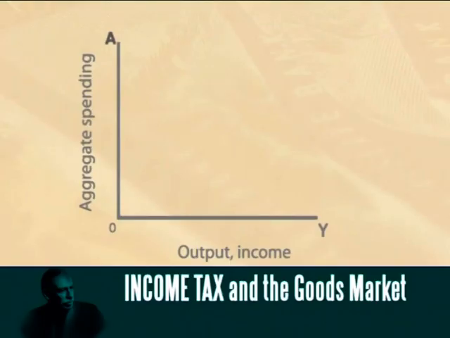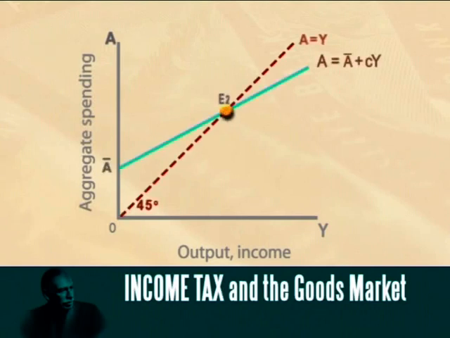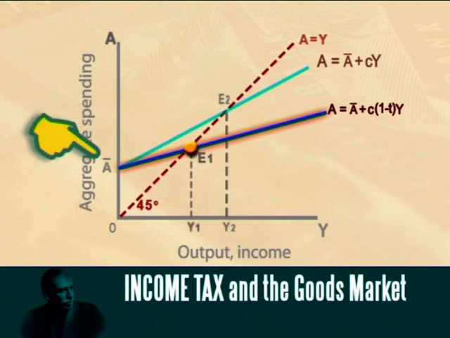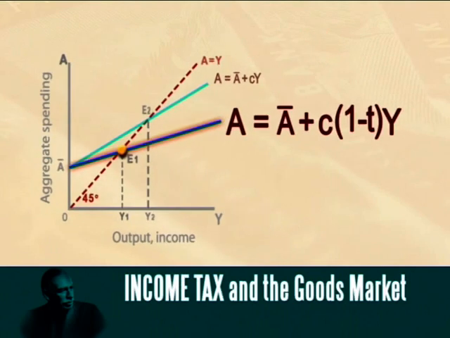Now this must have an effect on all spending in the economy, and sure enough, the total or aggregate spending curve is also flatter. Note again, income tax does not affect autonomous spending. It only affects spending dependent on income. Our total spending, A, now equals autonomous spending plus our marginal propensity to consume multiplied by our income less tax.